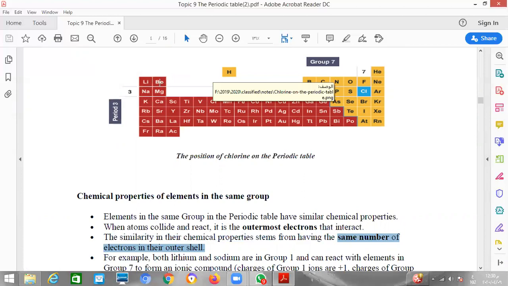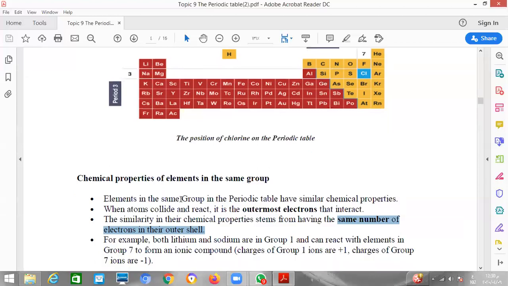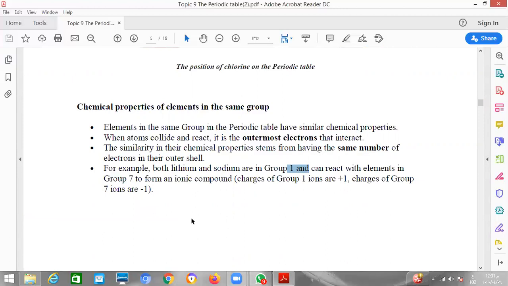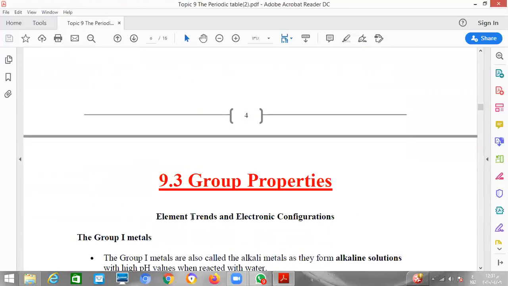If you check any element in the same group, you will find the same number of electrons in the outermost shell. For example, lithium and sodium are both in group number 1, and can react with elements in group number 7 to form ionic compounds because they have the same number of electrons in the outermost shell. Okay?